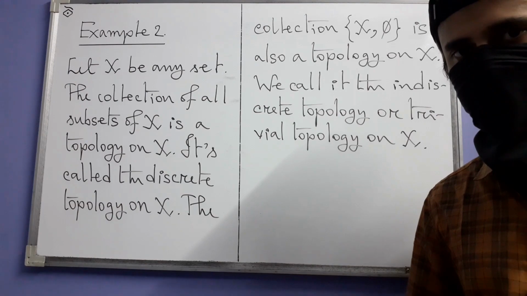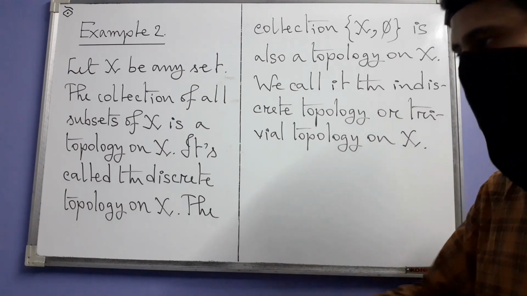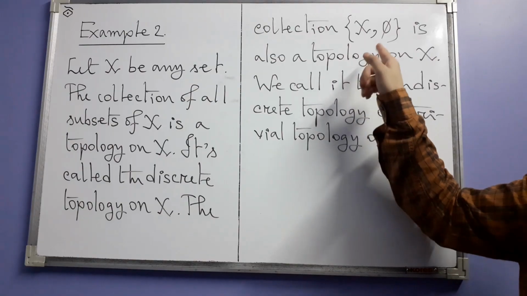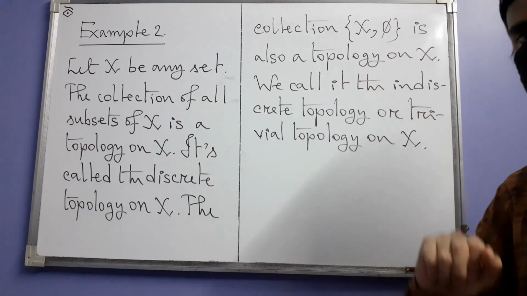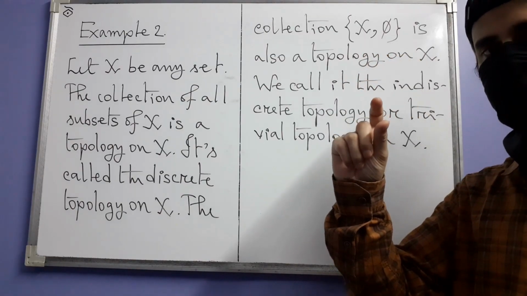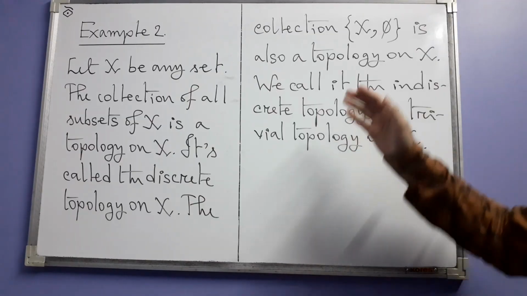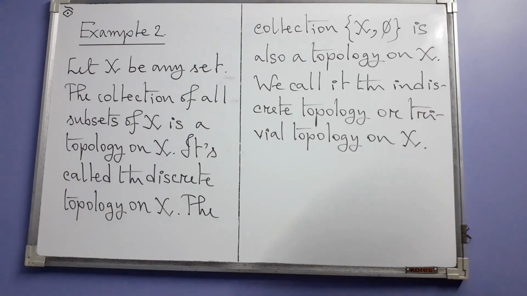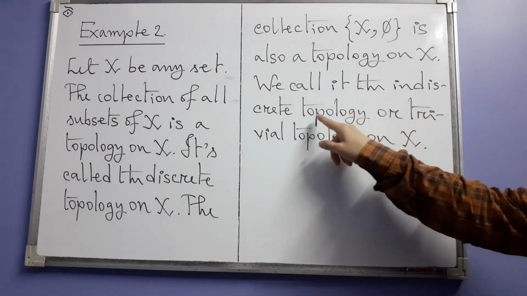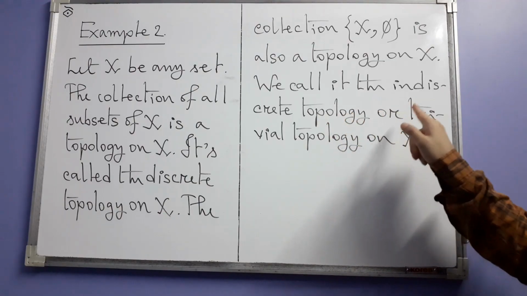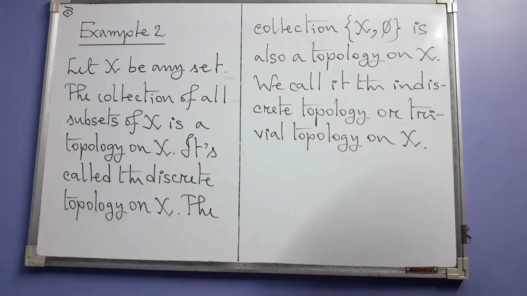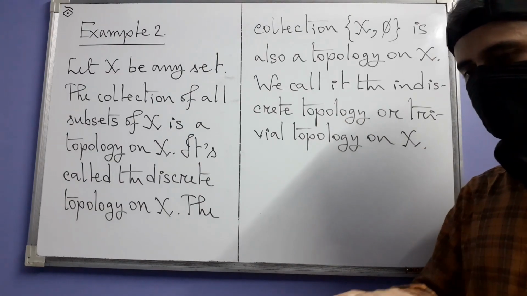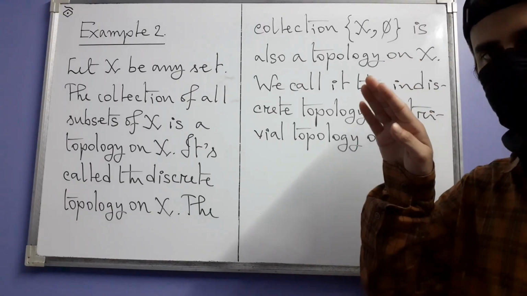topological space. And the other extreme is this collection, which we have already seen in example 1 in the form of the collection T1. In this general case also, this is a topology on X, and this one is called the indiscrete topology or trivial topology on X. So these two topologies in a sense are the extremes.